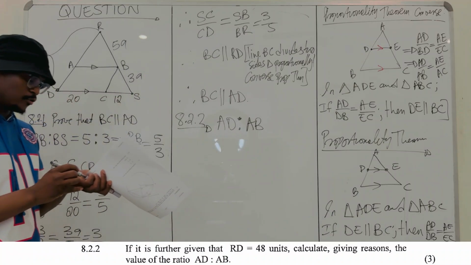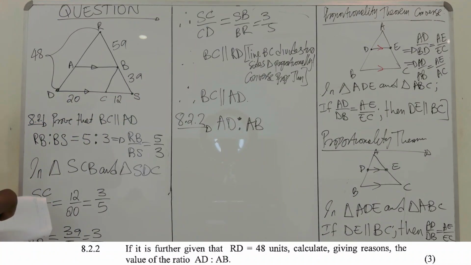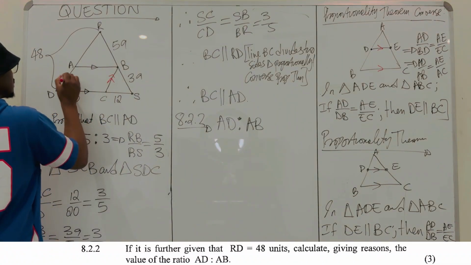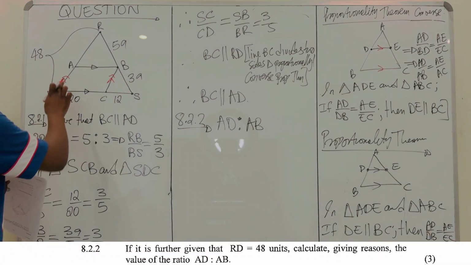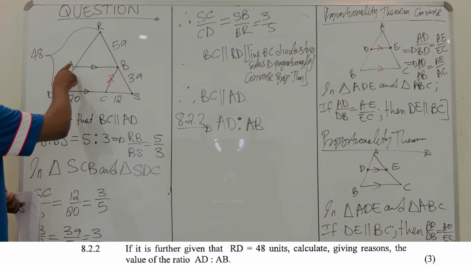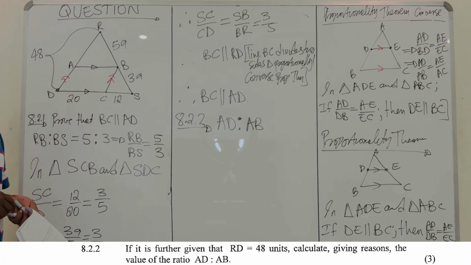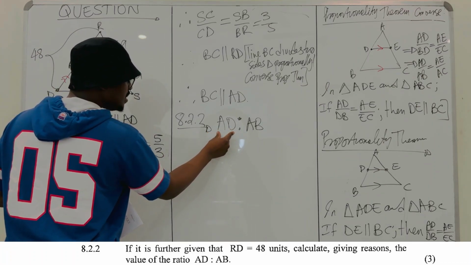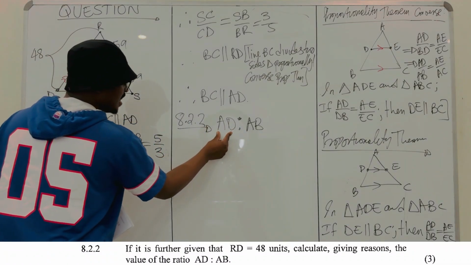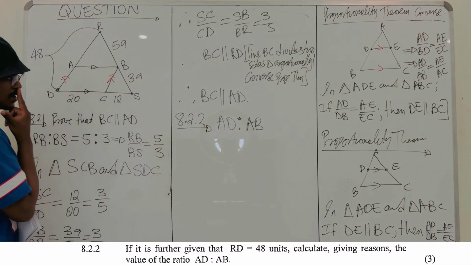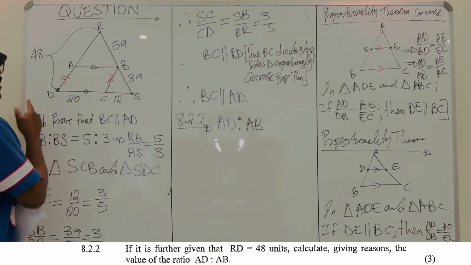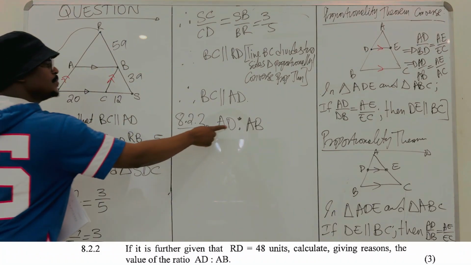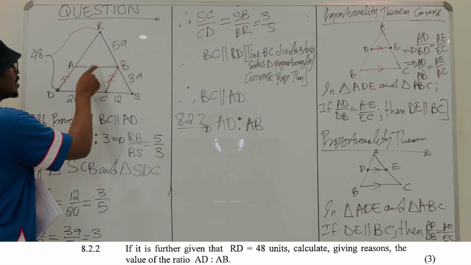So what we have proved so far, in the first question, is that this is parallel to that. These two are parallel. So if you're looking at ABCD, ABCD is a parallelogram. So they want us to try and find the length of AD divided by that of AB, right? What is AD? AD is this length over here, and AB is this length over here.